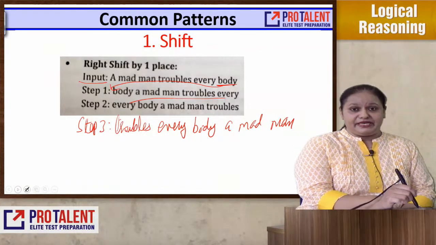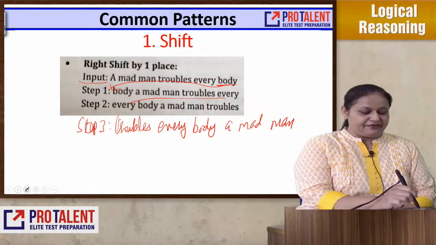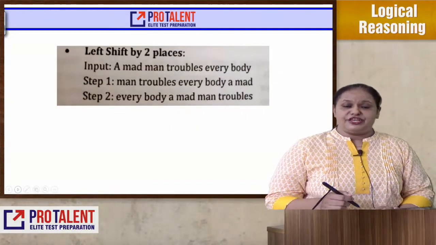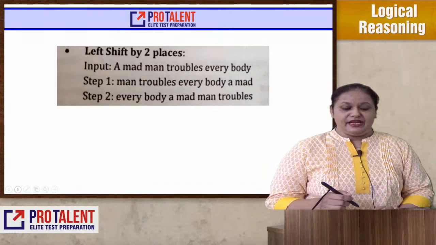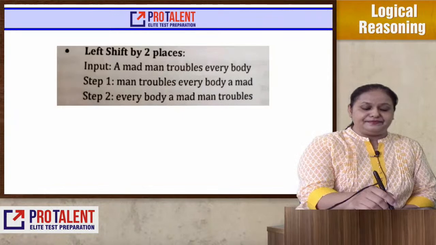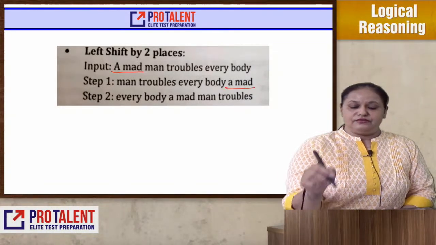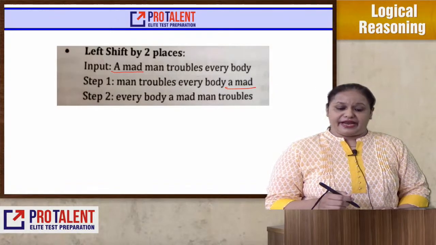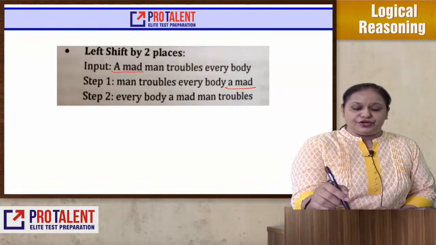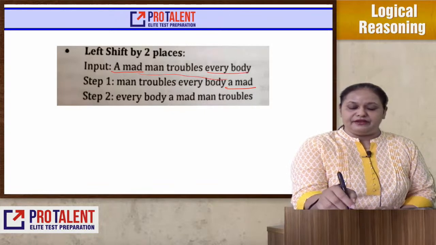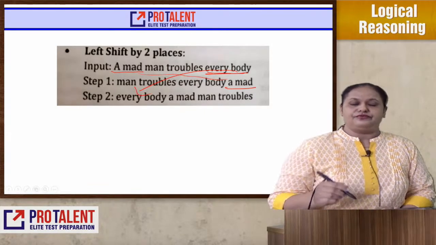So with the alphabet series, we are at present taking care with the alphabet series. There could have been a shift of 2 places. Can you see over here? A has gone to last, and everybody has come down to first.